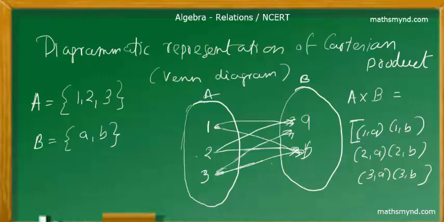So here it's A times B. That's why the arrow is ending at the elements of B. So you have two arrows starting from 1, again two from 2, and again two arrows from 3, because we are having only 2 elements in set B. So it's 1A, 1B, again 2A, 2B, and 3A and 3B.